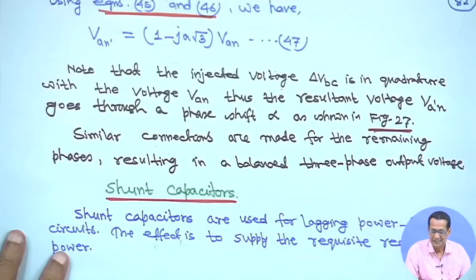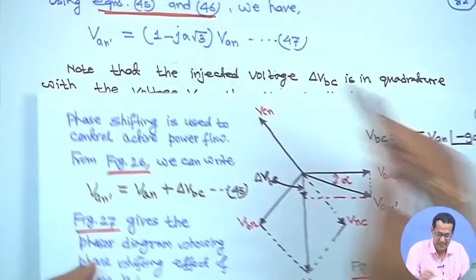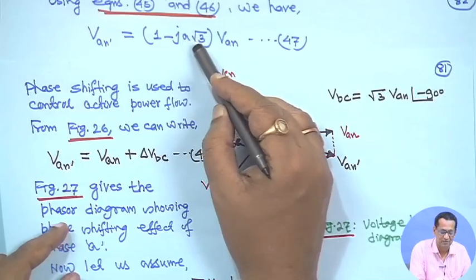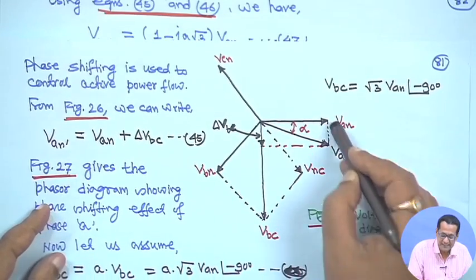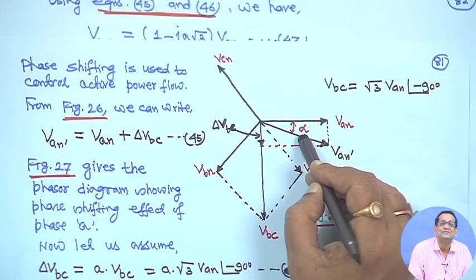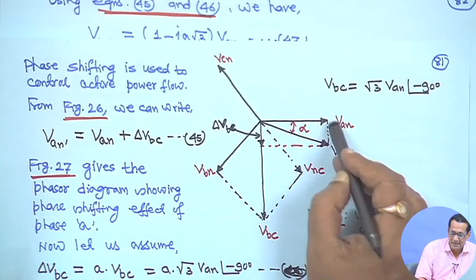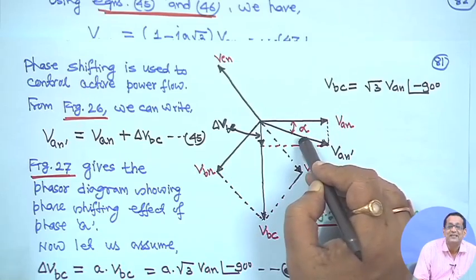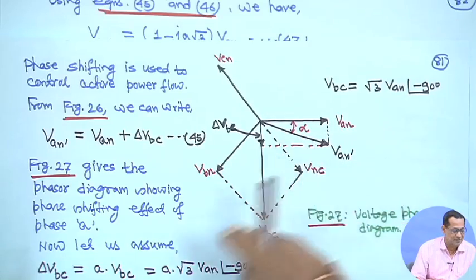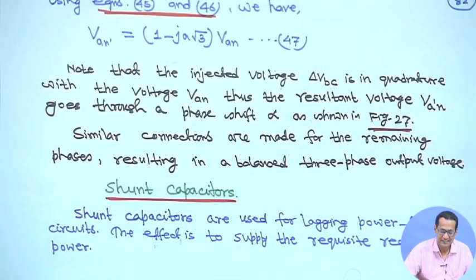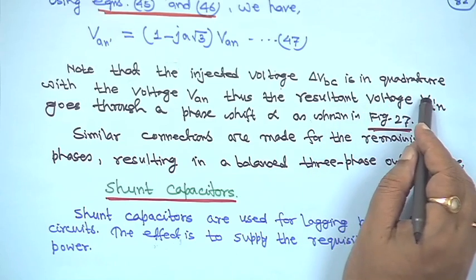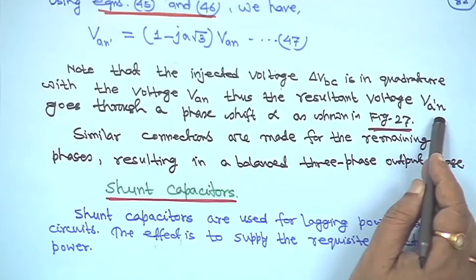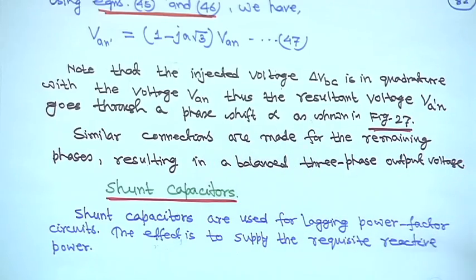Here A may be some fractional value, but Van dash is lagging from Van by a phase shifting angle alpha. Van and Van dash are not in phase. Therefore, note that this injected voltage delta Vbc is in quadrature with the voltage Vn, and thus the resultant voltage Va dash n goes through a phase shift alpha, as shown in figure 27.